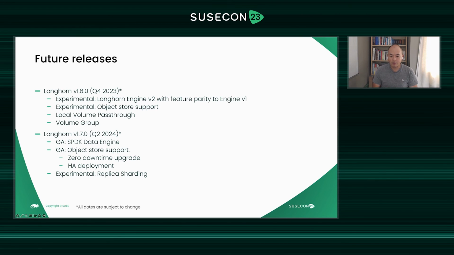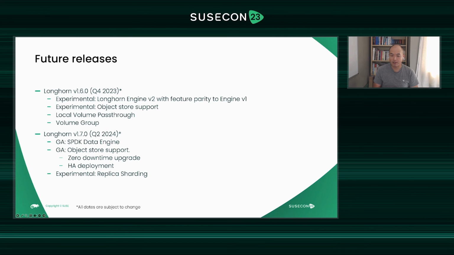Longhorn 1.7 will be scheduled for Q2 2024. The SPDK data engine, Longhorn Engine V2, will be GA by then, and object store support will be GA, including zero downtime upgrade and HA deployment. On 1.7, the most exciting thing we are going to support is replica sharding, which overcomes the limitation of the disk size for each Longhorn replica.